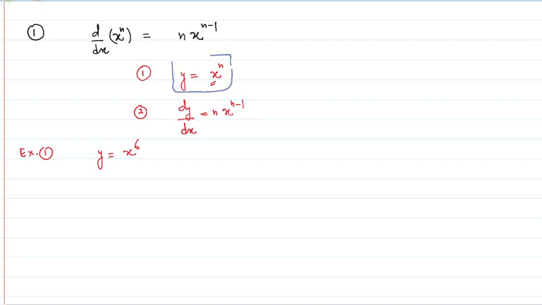Remember here, if it is not in this form, you have to bring it into this form first. y is equal to x raised power n, so this is already in this form. So we will simply differentiate it with respect to x. We will write 6 x raised power 6 minus 1. So this will be equal to 6 x raised power 5. So this will be our answer.